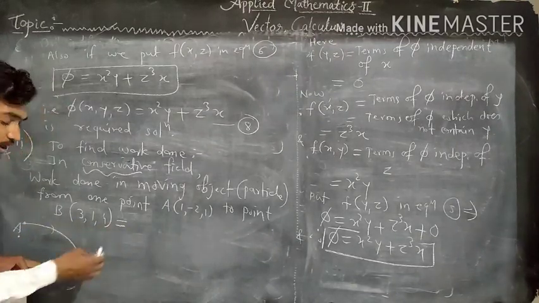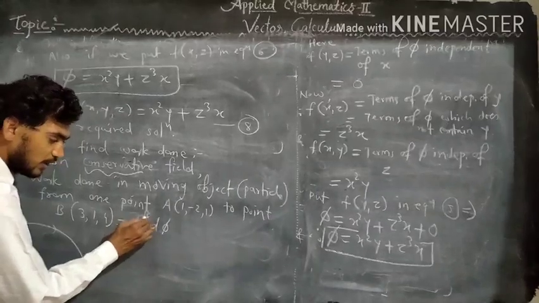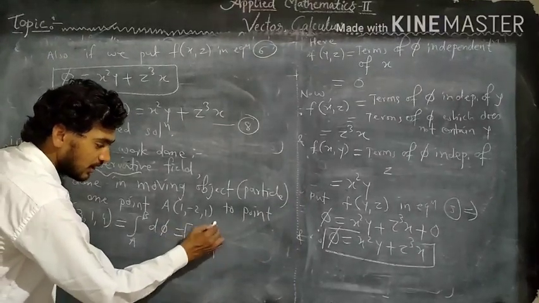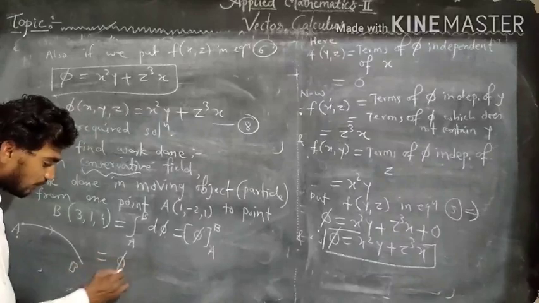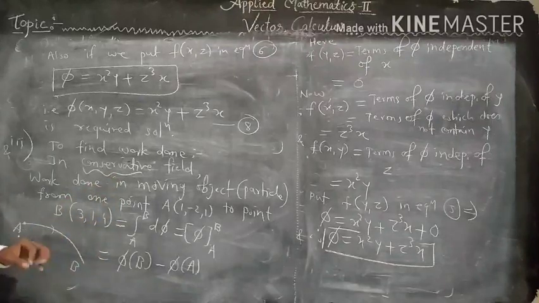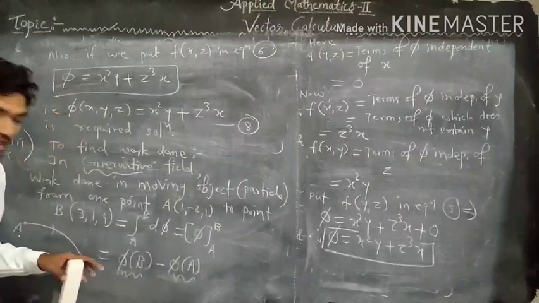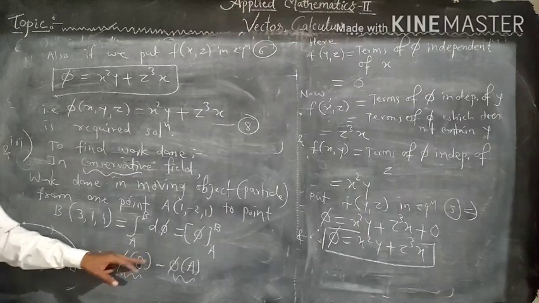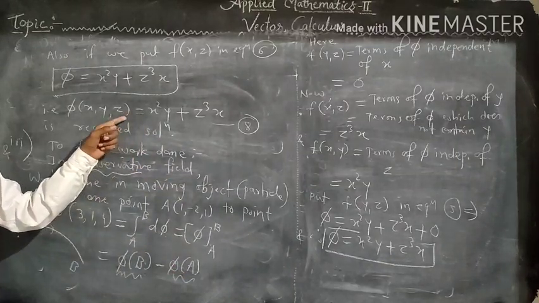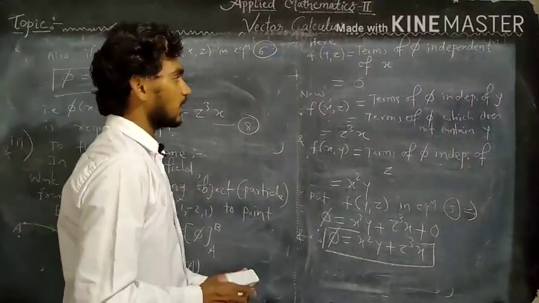So it is equal to the difference of endpoints, which is given by the formula integration d phi from A to B, which is equal to integration of d phi, that is phi, within the limit A to B, which is equal to phi of B minus phi of A. So in a conservative field, the whole work done is nothing but the difference of scalar potential at endpoints, say here B and A. Now we will find phi of B and phi of A from equation 8 by putting the values of B, that is 3, 1, 4 and 1, minus 2, 1. So let us calculate this.